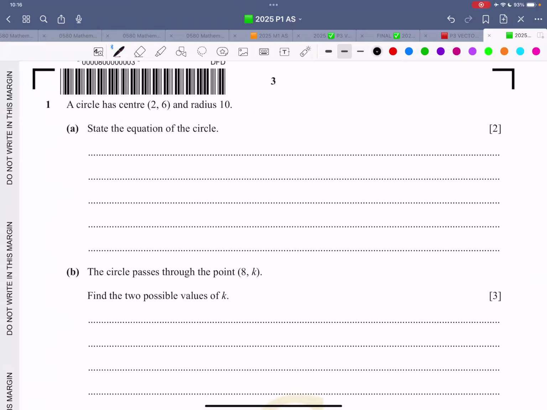First thing first, let me write (x minus h) whole square plus (y minus k) whole square is r square. So now let me plug in things where they belong. (x minus 2) whole square plus (y minus 6) whole square is r square. That is 10 square. You can write it as 100.